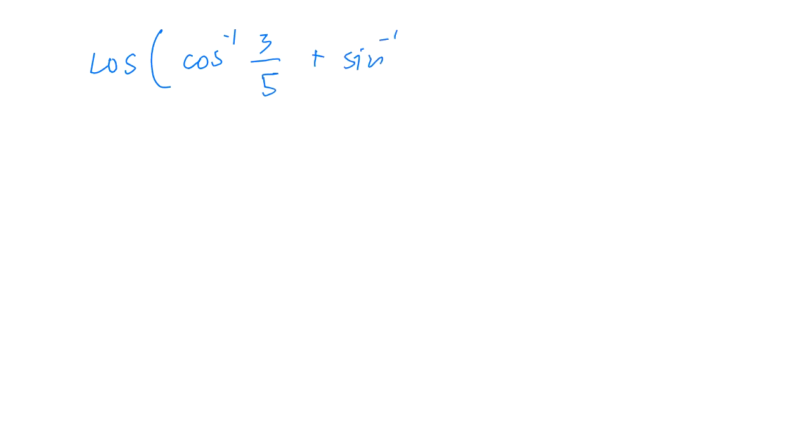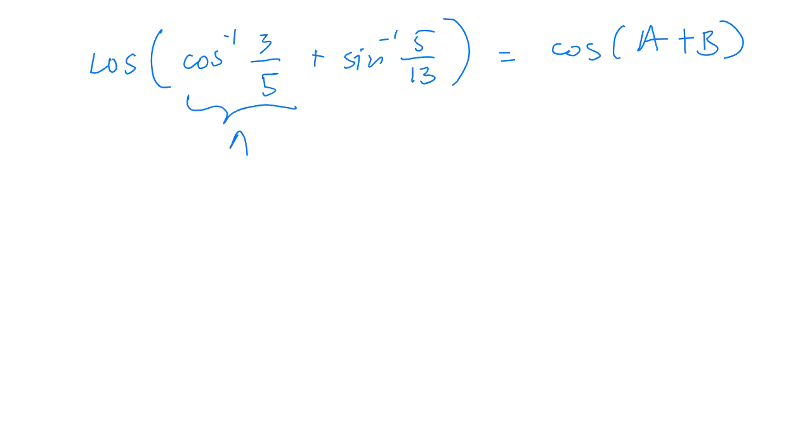Okay. So this is cosine of A plus B, where this angle here is A and this angle here is B. So this means I can rewrite this as cosine A cosine B minus sine A sine B. All right, so here let's create the triangle.